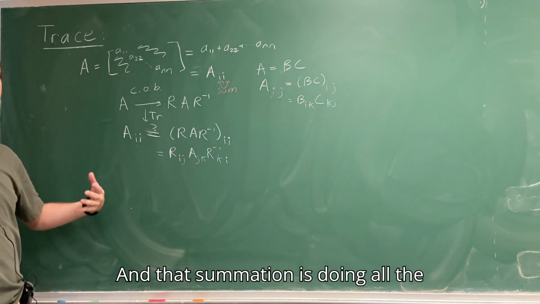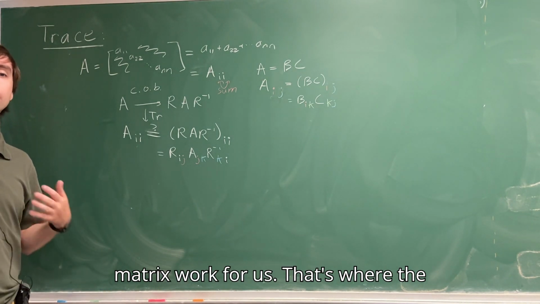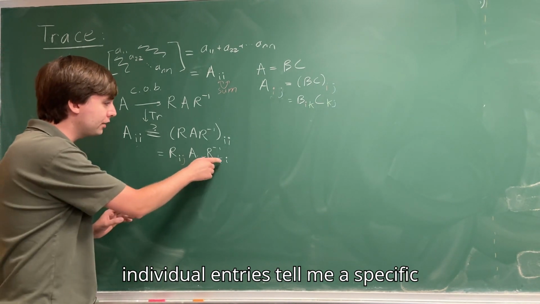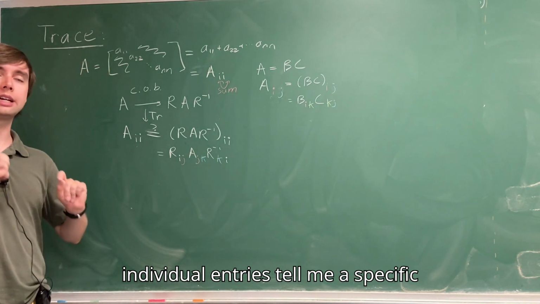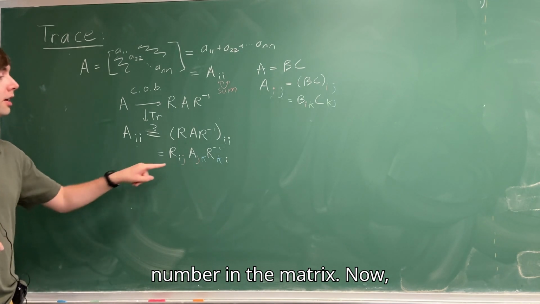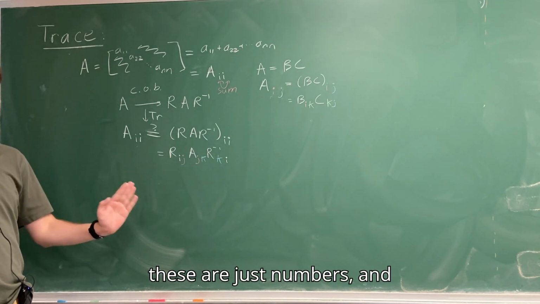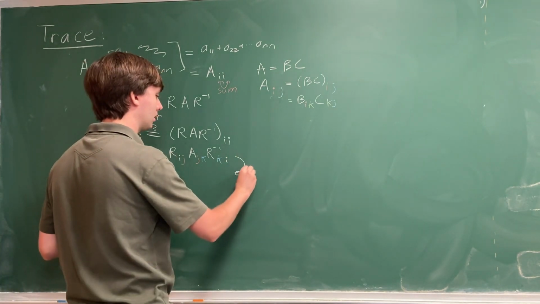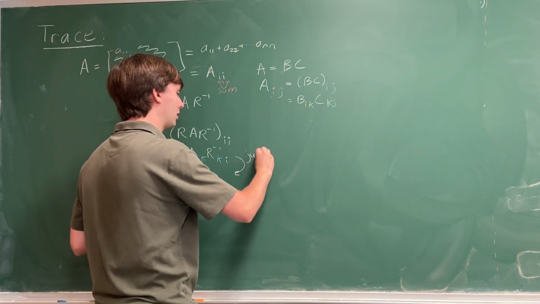And that summation is doing all the matrix work for us. That's where the matrixy stuff lives. All of these individual entries tell me a specific number in the matrix. Now, these are just numbers, and numbers just commute.